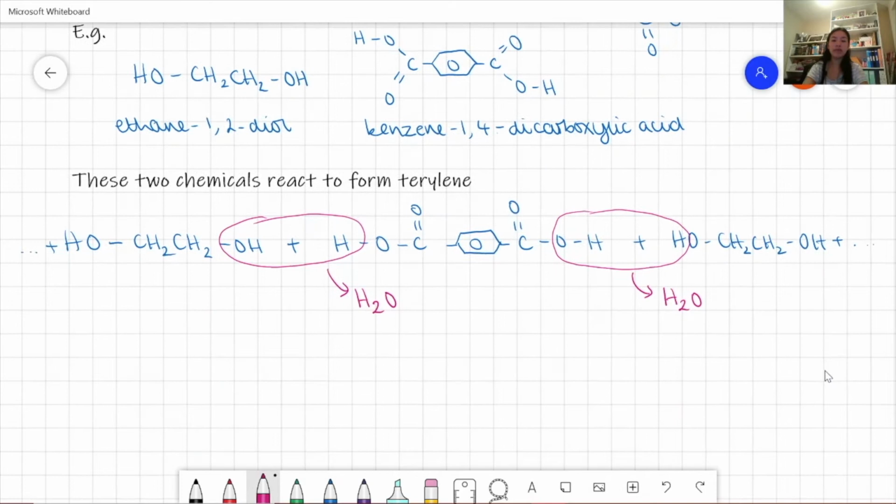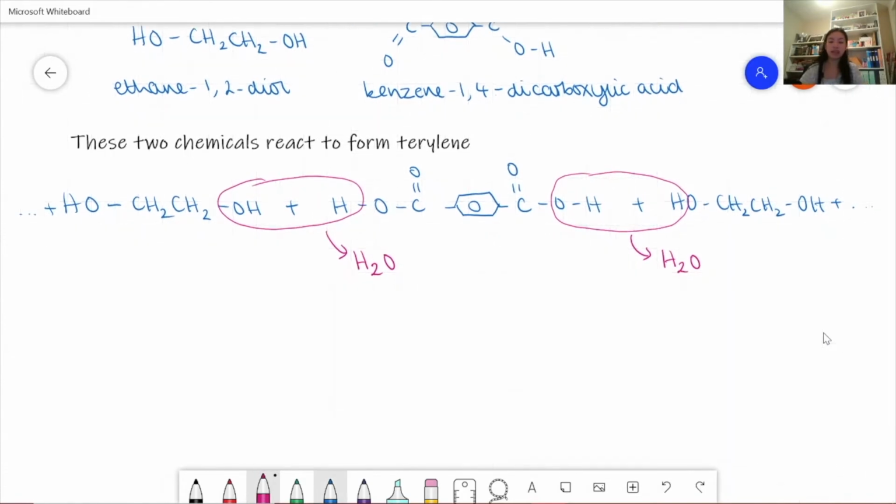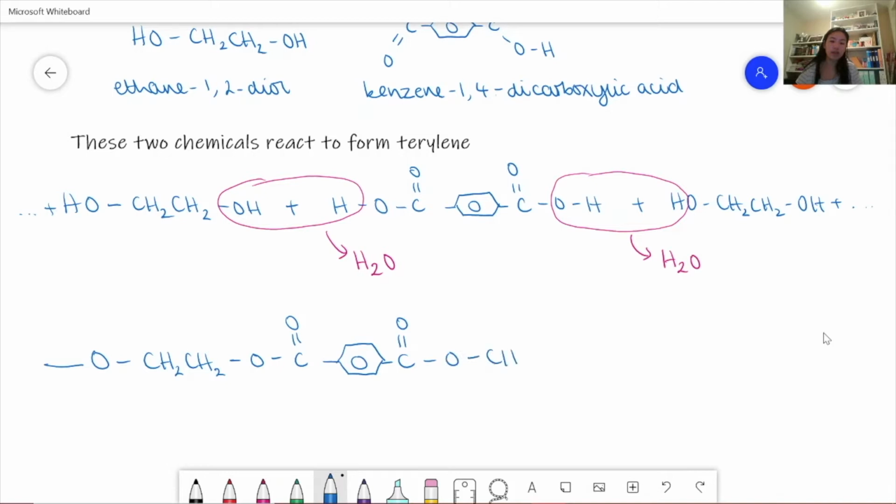And so the polymer we form is one that looks like this. So we have O, CH2, CH2, and that line is just to indicate that it goes on. And then we have O, C double bond O, and then the benzene, and then a carbon and double bond oxygen, and then we have another oxygen, CH2, CH2O, and so on.